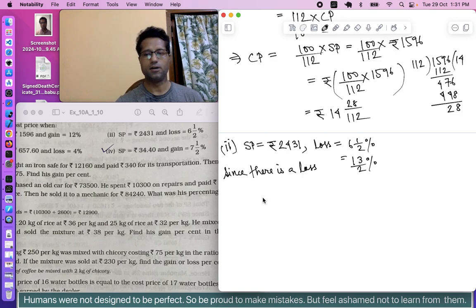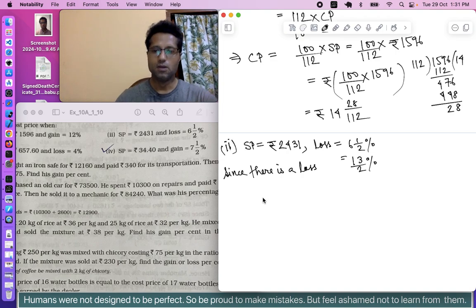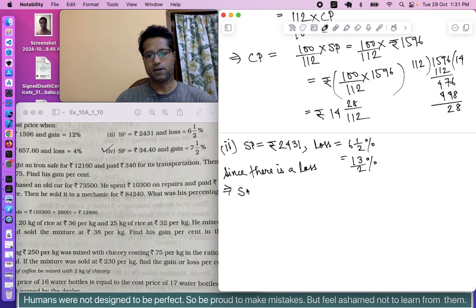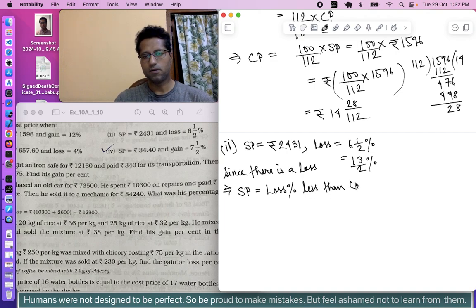Just understand the basic concepts and from the basic concepts try to solve the problem. So since there is a loss, this implies that selling price has to be loss percent less than cost price. This is the basic or fundamental concept.